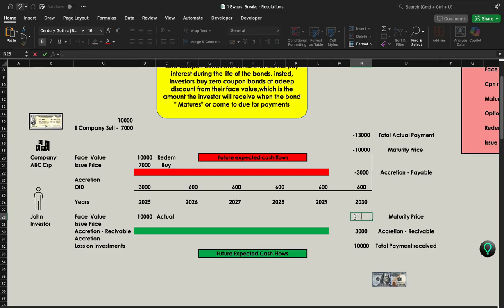Oops, this is a written amount. So 10,000. Then OID income, original issue income.